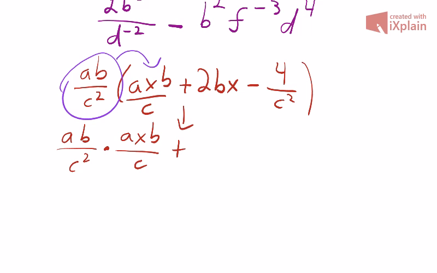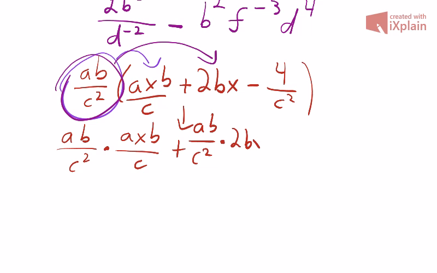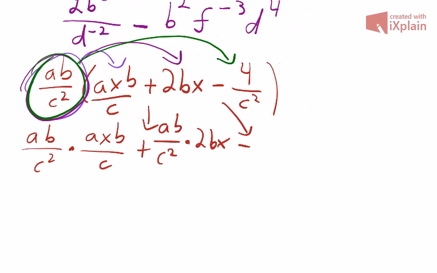I'm going to add, that comes down, and now I'm going to distribute into our next part, which is going to give me ab over c squared times 2bx. My negative sign comes down, and for our final distribution, it goes to all three of these. We are going to end up with ab over c squared times 4 over c squared.